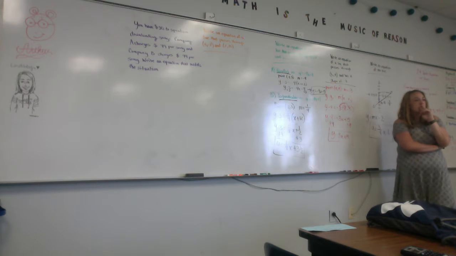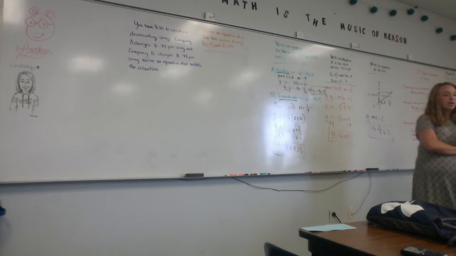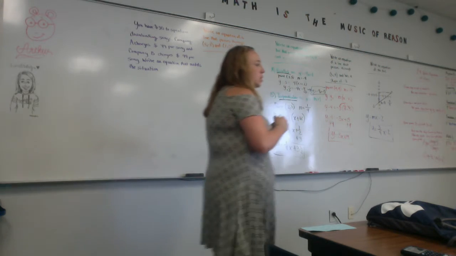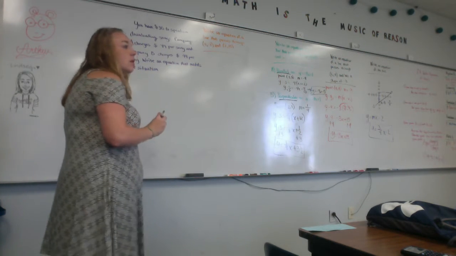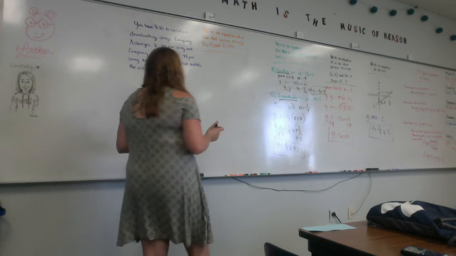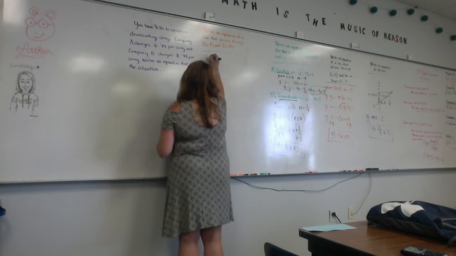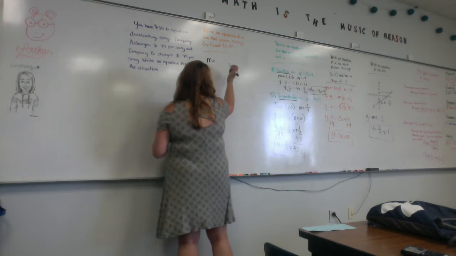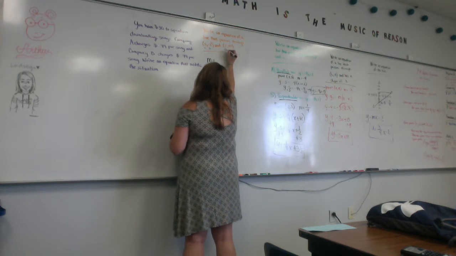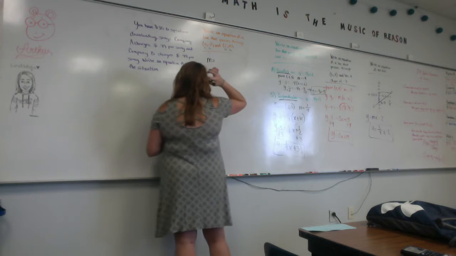2 given points. So what is my first step when I have 2 given points? Find the slope. And the slope would be the change in y over the change in x. So my slope is going to equal, I'm going to name these x1, y1, x2, y2, so I don't get confused.